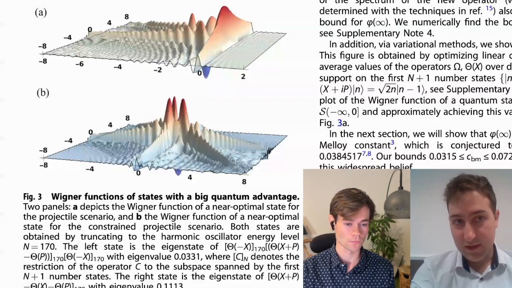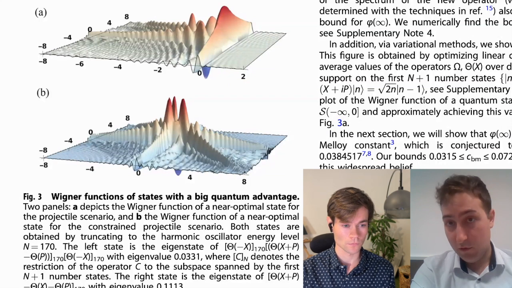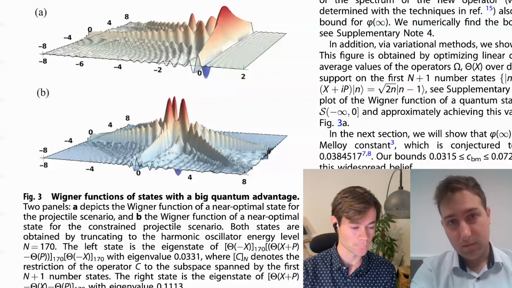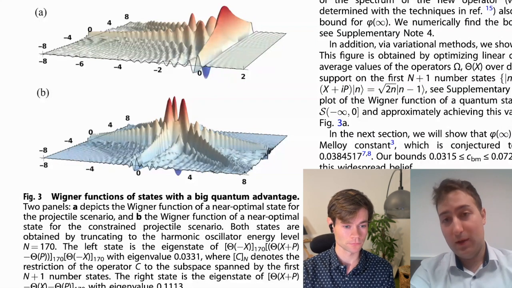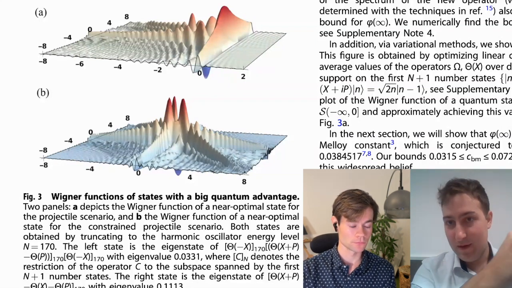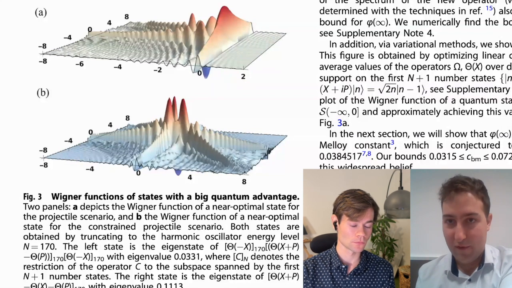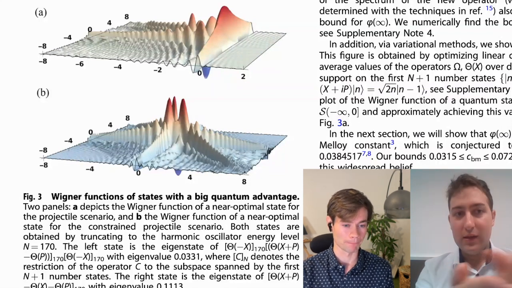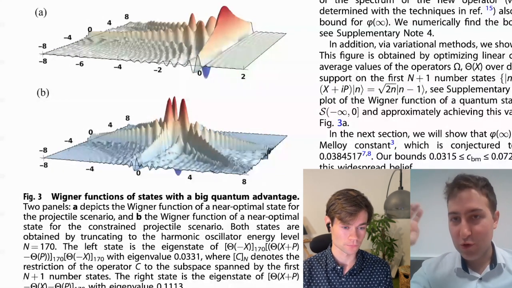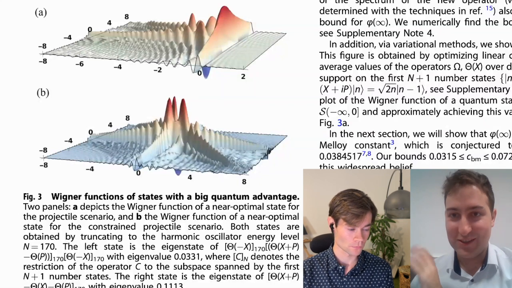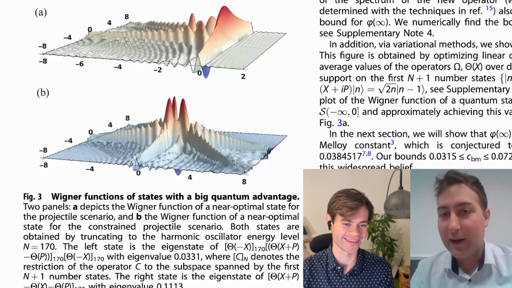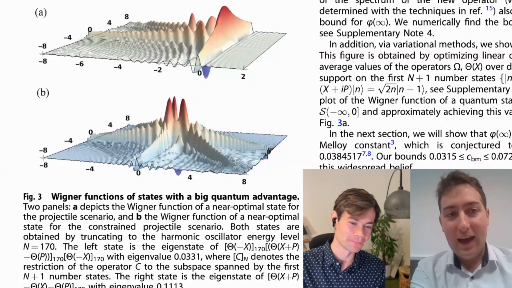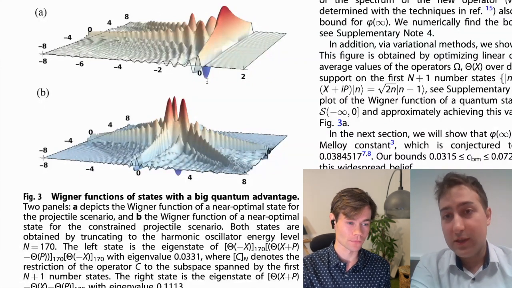So this here, for example, the part A of the figure, is the state you should prepare a particle in, well, the state in phase space, no? From the Wigner function you can recover the wave function, and vice versa. So I give you a Wigner function and I leave it to you to figure out what the wave function is. This is very difficult, but anyway, you can try. Numerically you can approximate it. And so we give you the Wigner function because it's easier for us to compute.